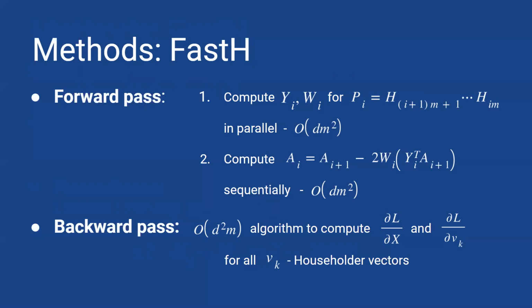So it results in total O(dm^2) time complexity, or O(d^2 m) time complexity. They also propose a backward pass of this algorithm, computing partial derivatives of the loss function, and it has the same time complexity, but I won't go deep into the details, and we will head to the experiments.